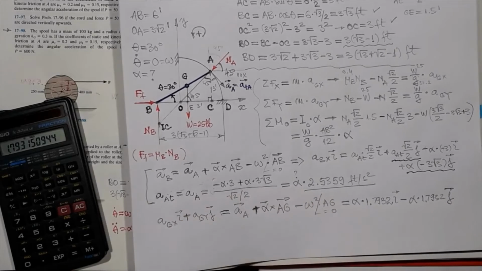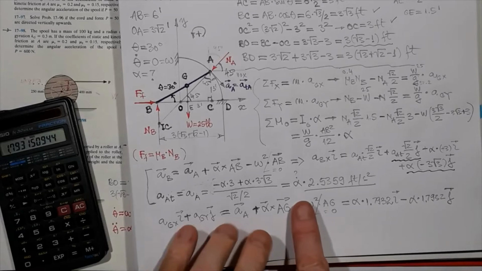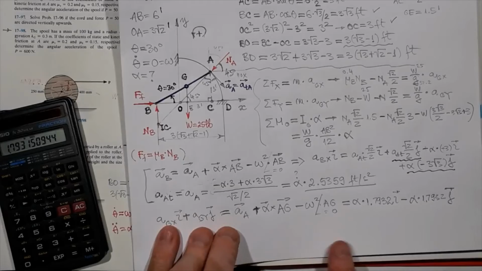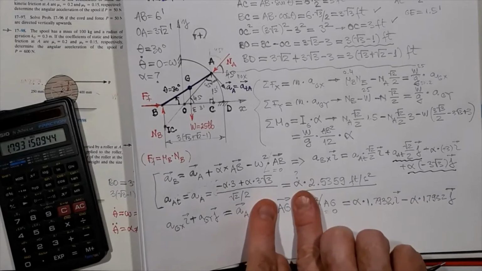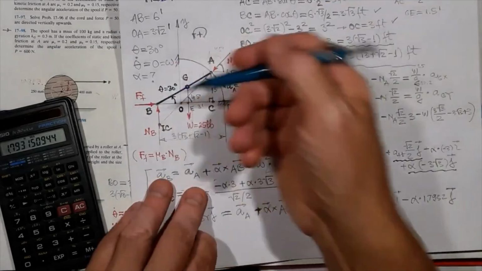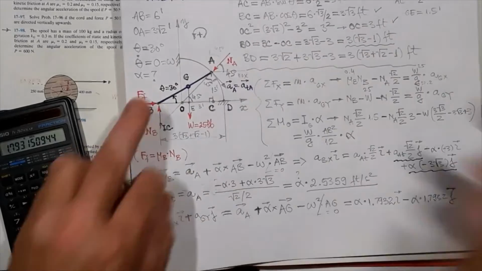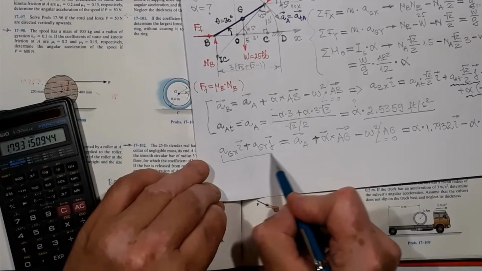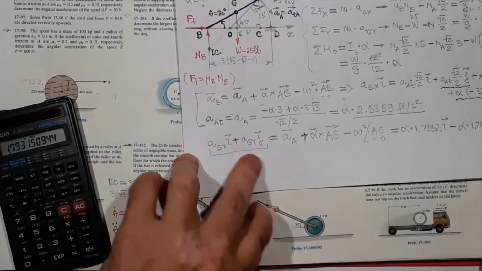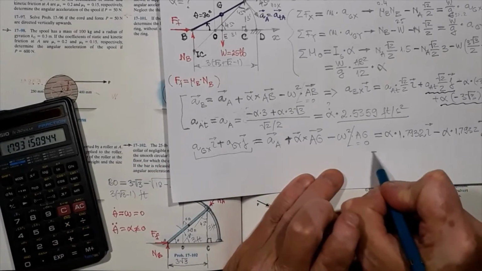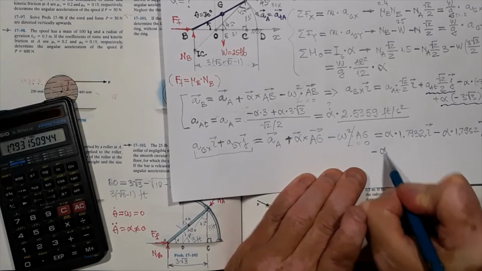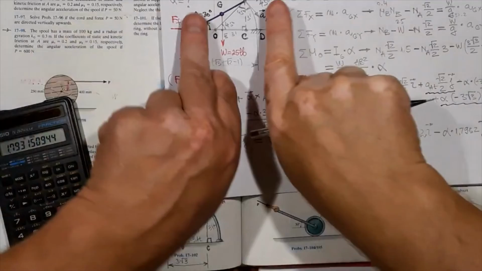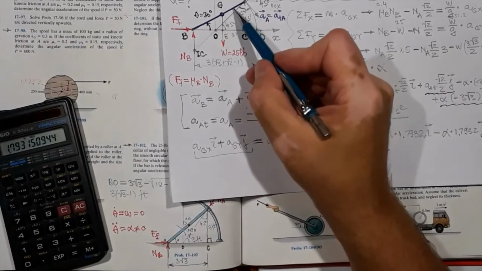And then here we have a cross product. We saw this earlier. The AG vector has the same orientation, and is going to be half of the AB vector. So I have negative alpha times the horizontal projection of AG.